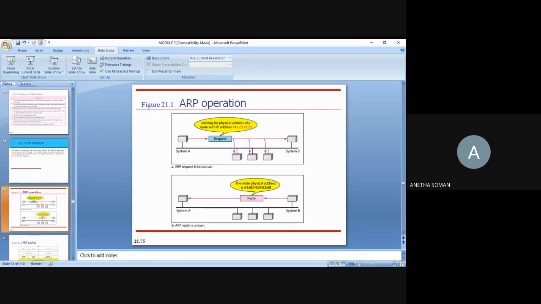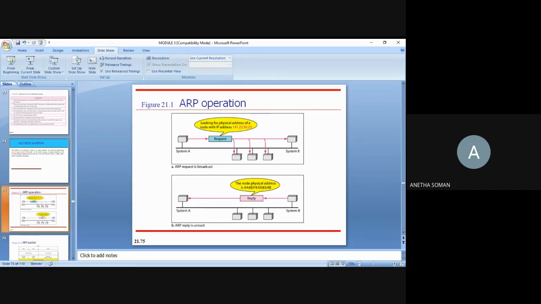So the request packet is broadcast. The query is broadcast over the network. Whichever hosts or routers are connected to the network receive this packet and process the query packet.